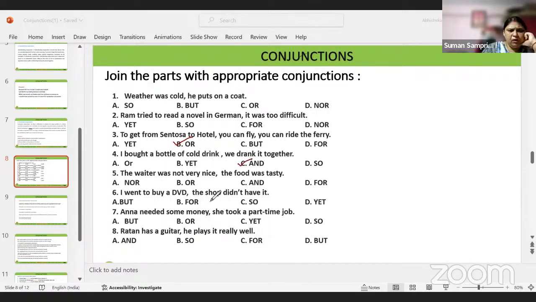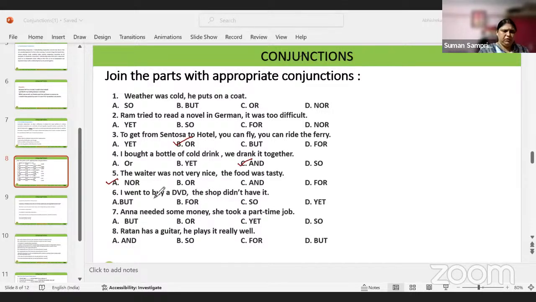The waiter was not very nice. The food was tasty. So it is negative information. 5. A. No. We can go for "nor". The waiter was not very nice, nor was the food tasty.